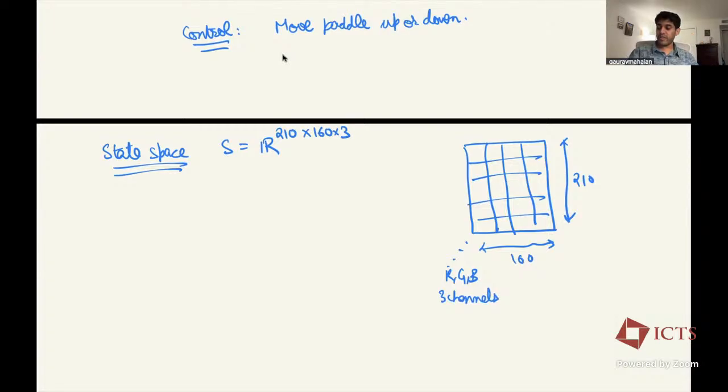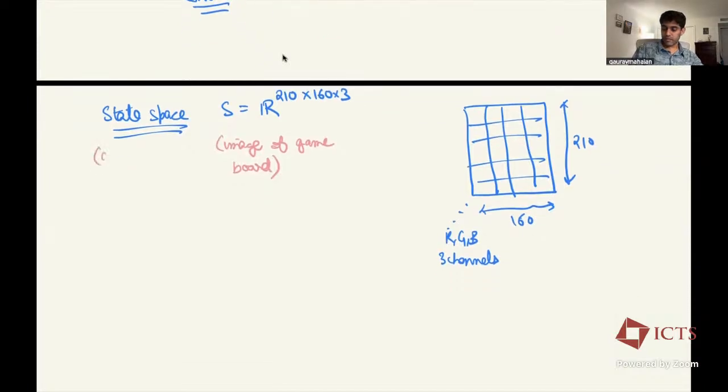So the number of parameters is the number of parameters in this matrix times 3. The state space is just talking about the image of the game, and it's again continuous in some sense.